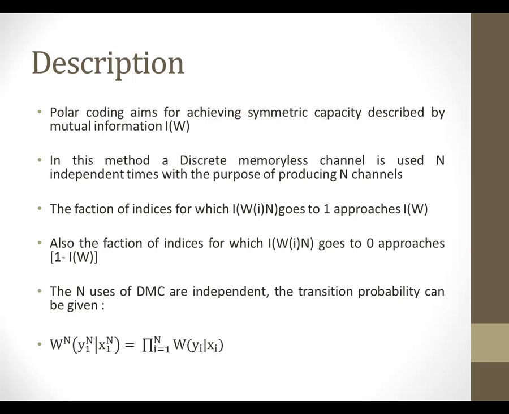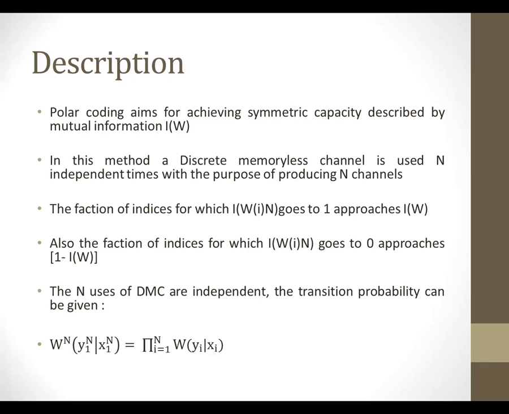In this method, a discrete memoryless channel is used N independent times with the purpose of producing N channels. In these channels, the fraction of indices for which I(W_N^(i)) goes to 1 approaches I(W), and the fraction of indices for which I(W_N^(i)) goes to 0 approaches 1 minus I(W).